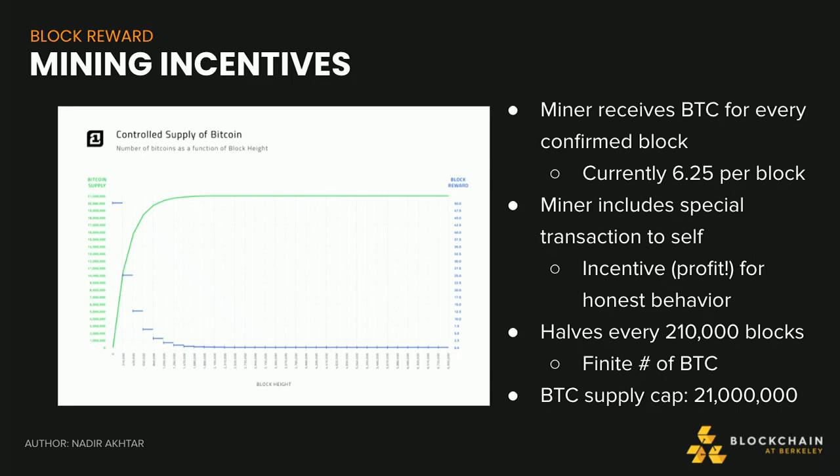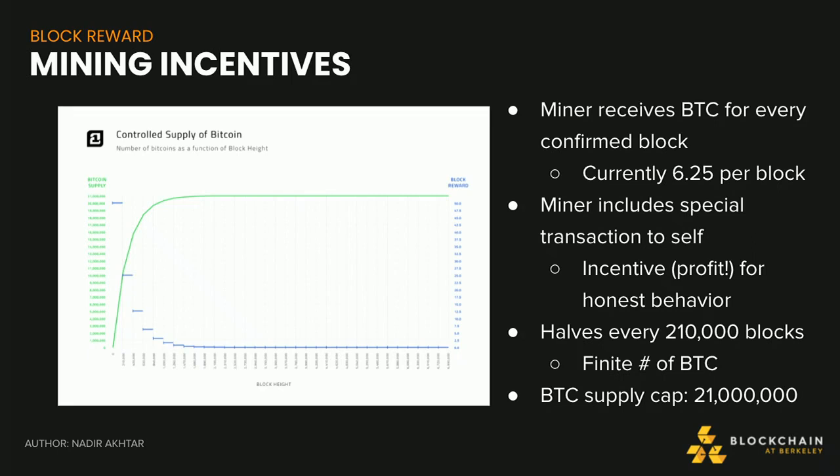And so what we see too is rather than actually ever reaching this point, currently for every block mined, the person mining makes 6.25 Bitcoin. Now this is very different from 2010 or 2011.